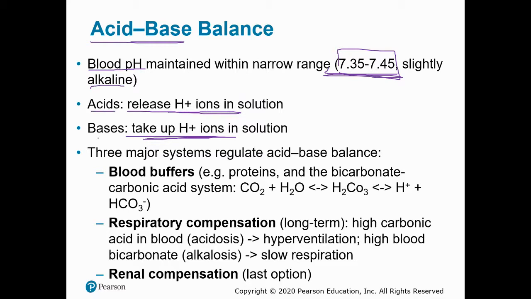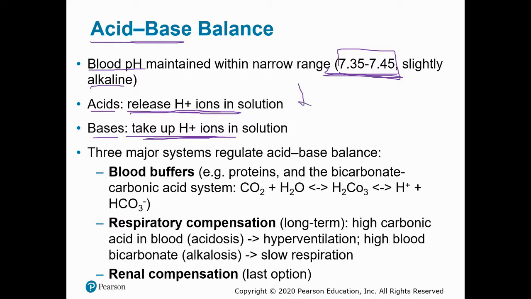Now you don't really need to be able to differentiate acids and bases for our purpose, but an acid is something that gives out hydrogen ions. So if the blood becomes acidic, there's probably more acidic substances in the blood that are releasing hydrogen ions into solution.